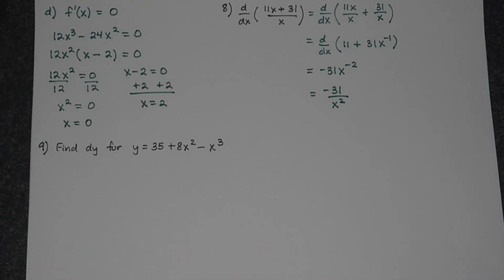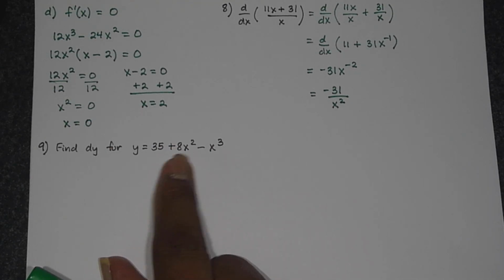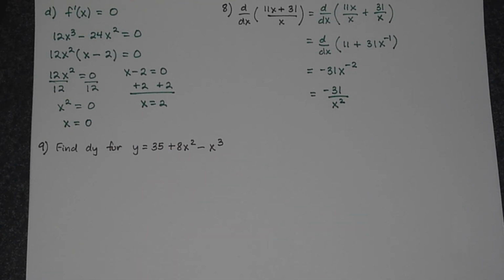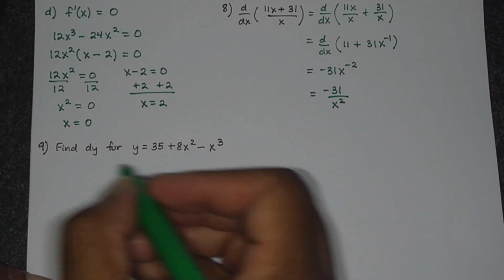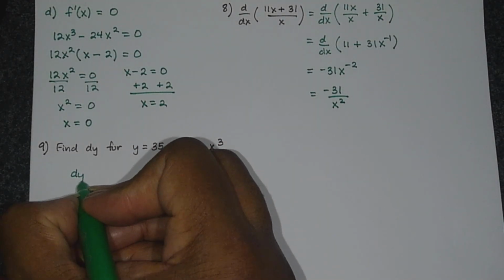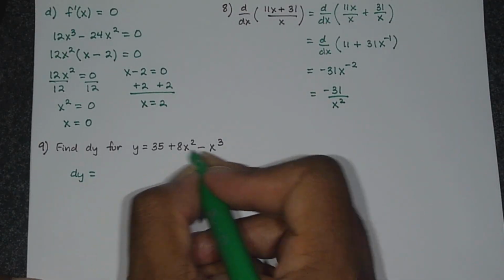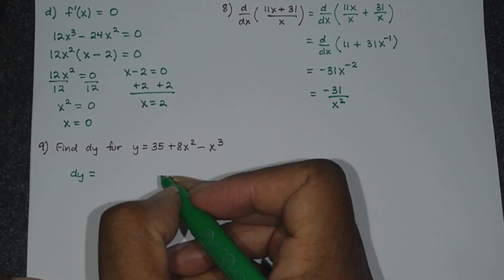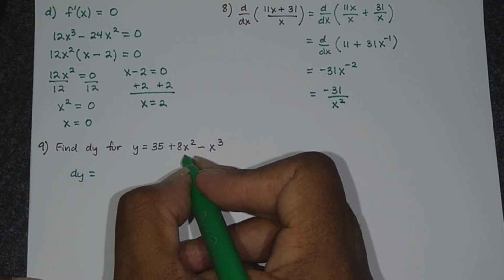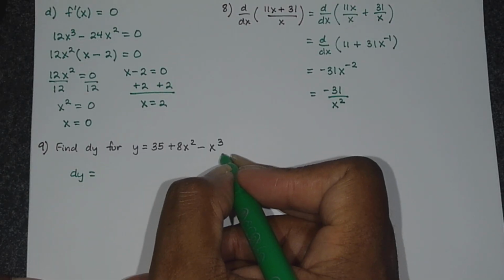This one deals with just differentials. You'll take the derivative of this and then you'll include dx on the end. So if this is what y is, then dy would be the derivative of this times dx. So the derivative of 35 plus 8x squared minus x cubed.